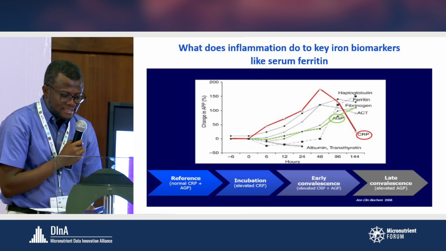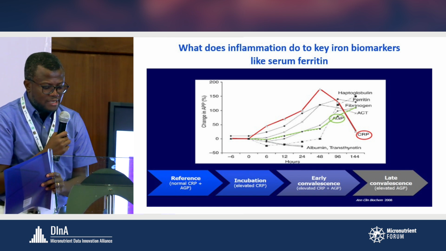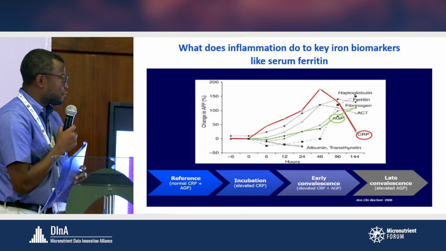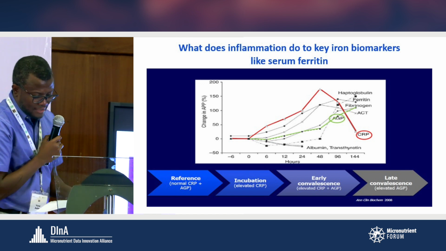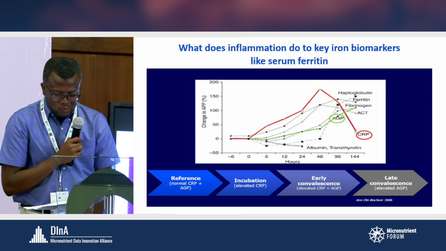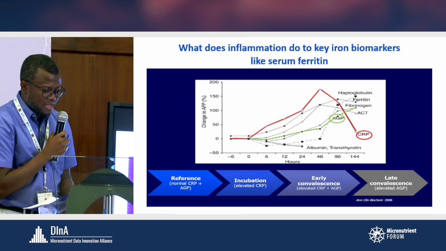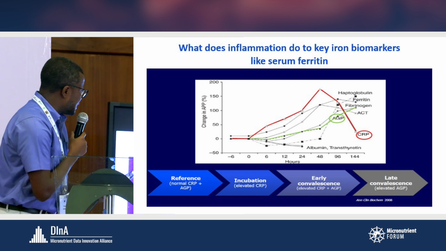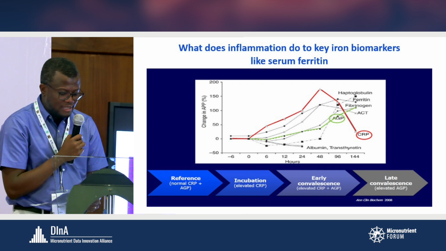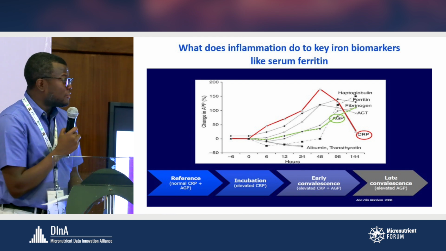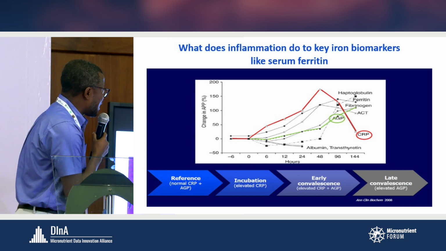So what does inflammation do to key biomarkers like serum ferritin? On this slide, we show that when an individual is exposed to or infected, indicators like CRP and AGP can increase over 200% within 48 hours.